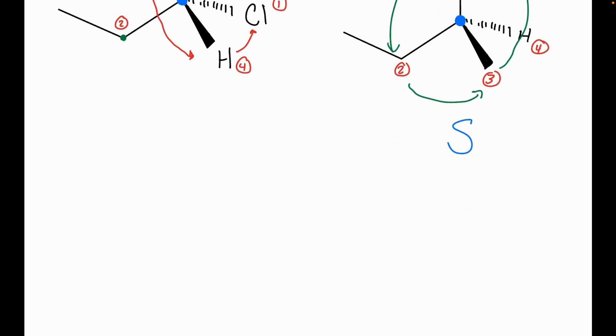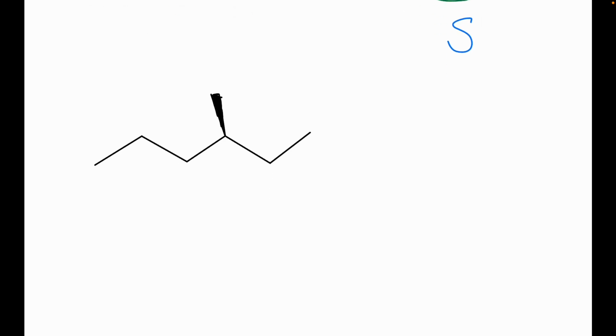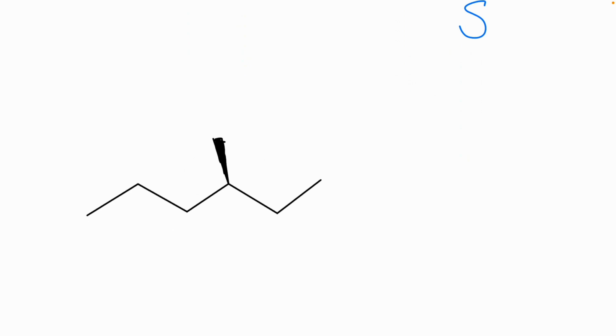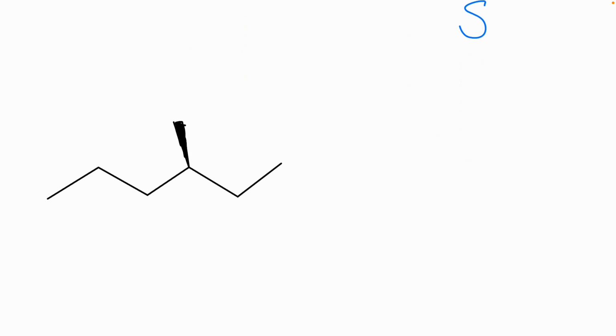What we're used to looking at would be something more like this, our normal bond line structure here. So that's what we're going to work on today, how to assign these R and S chirality, our stereochemistry, looking at just our normal bond line structures.